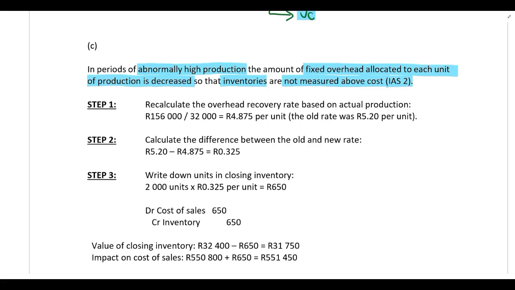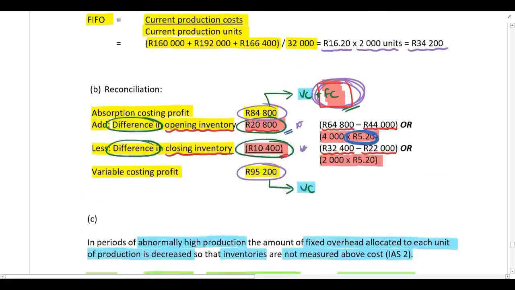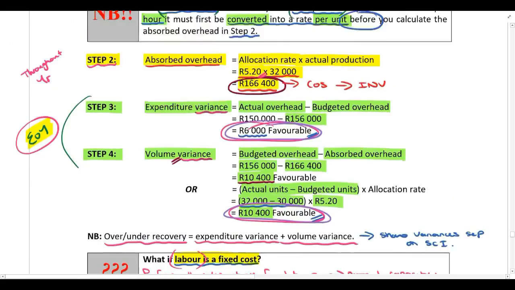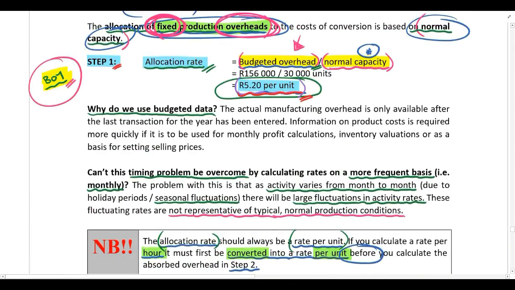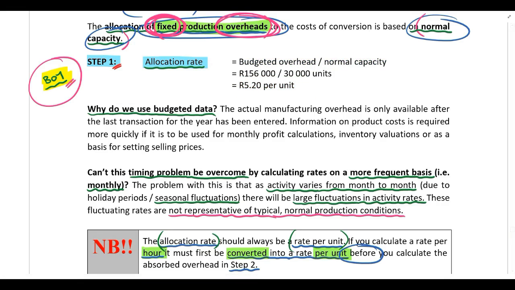And then I want you to perform this calculation in 3 different steps. In step 1, you are first going to recalculate the overhead recovery rate based on actual production. So I want you to go back to where we originally calculated our allocation rate. When we calculated this allocation rate over here, we took our budgeted overhead for the year and divided by normal capacity.